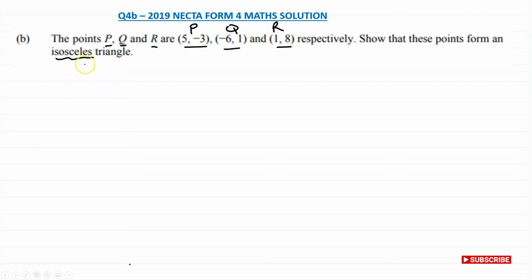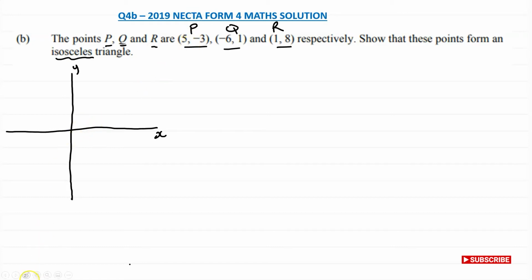What should we do? Well, what I'll advise you to do is just do a quick sketch on the XY plane. It doesn't have to be neat, because it's just to give you some sort of idea of where these points are. Okay, so point P is at (5, -3).